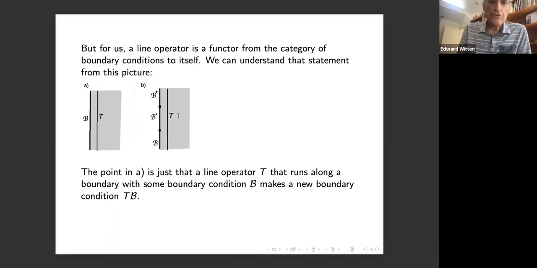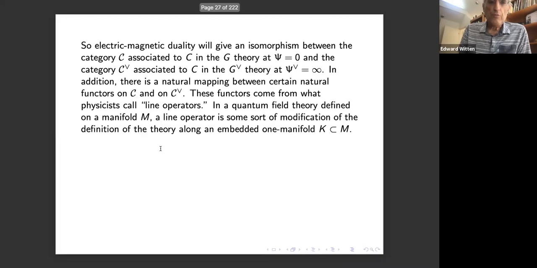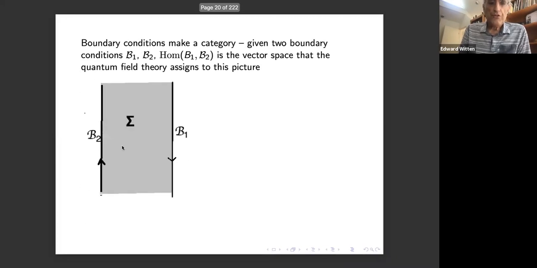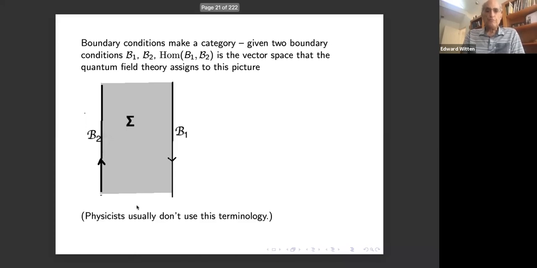We should also consider morphisms in the category. So earlier, I described a morphism in the category with this picture, where I have a strip labeled by two boundary conditions, B1 and B2. And physically, you'd say that the state comes in from the far past. However, you could make a conformal mapping that compactifies the far past and brings minus infinity to a finite point.